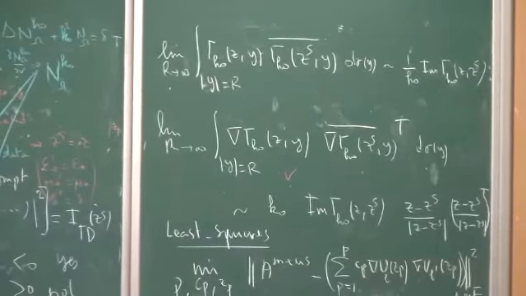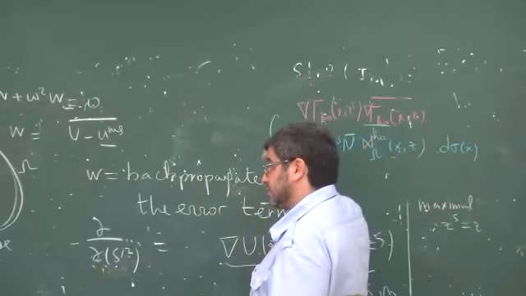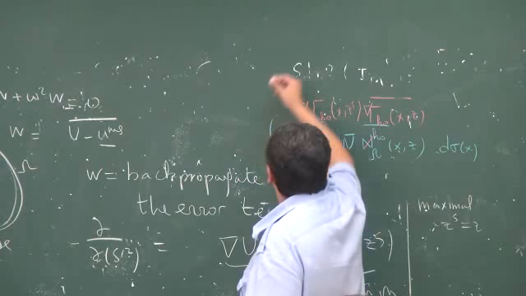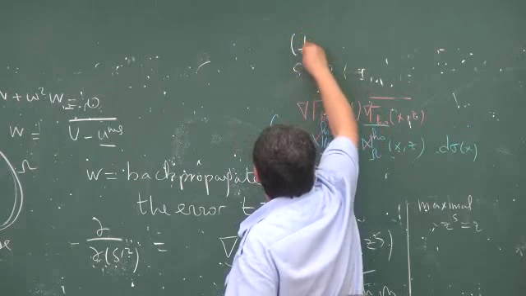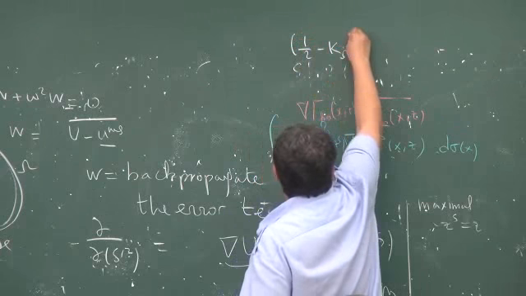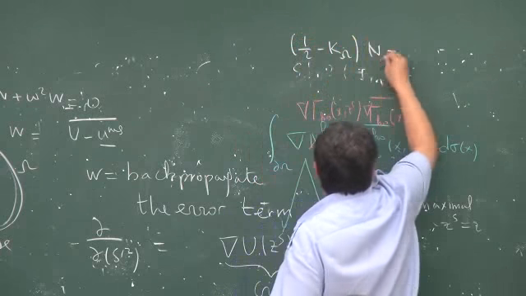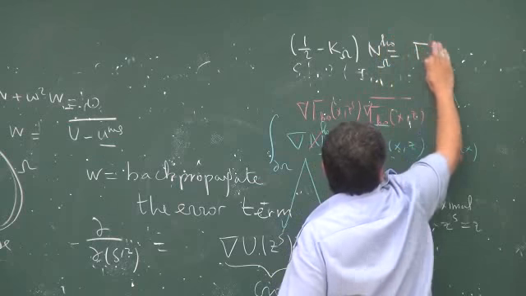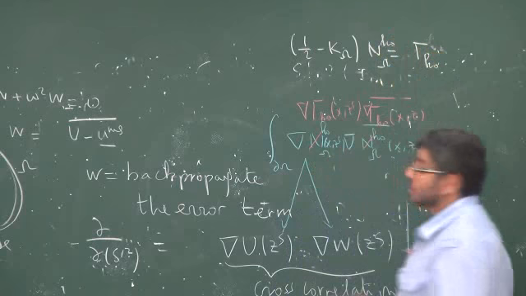We know that one half minus K omega of N equals gamma k0. Right?